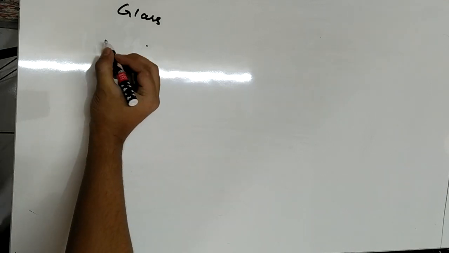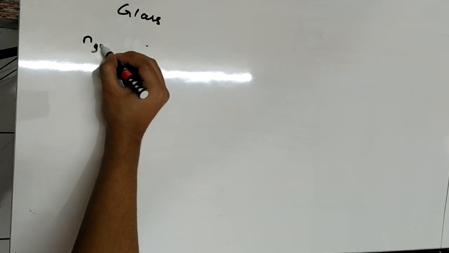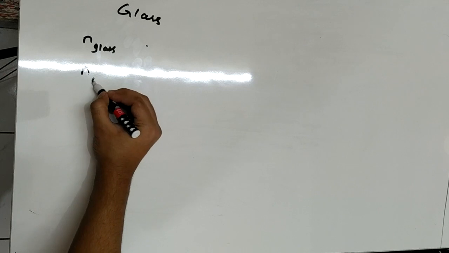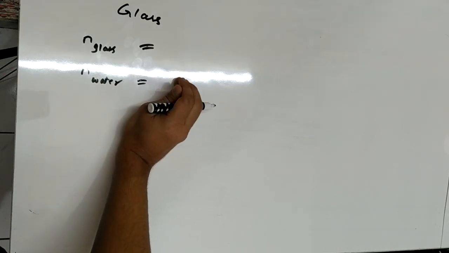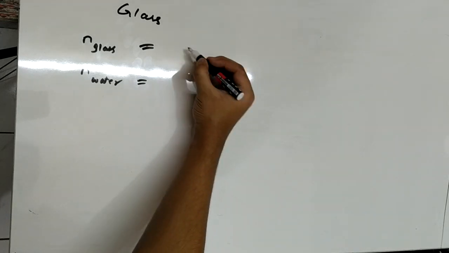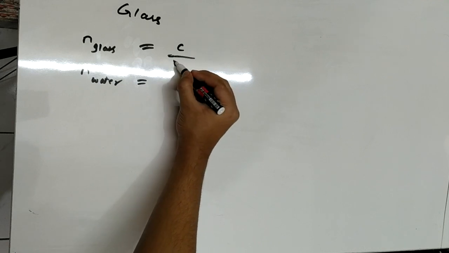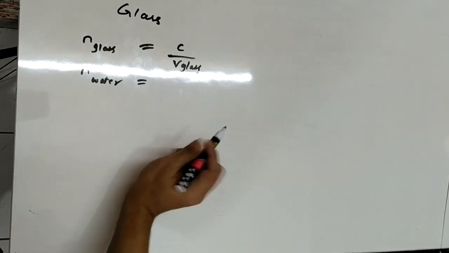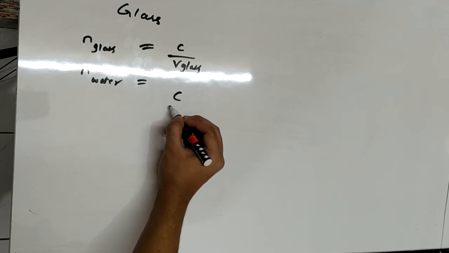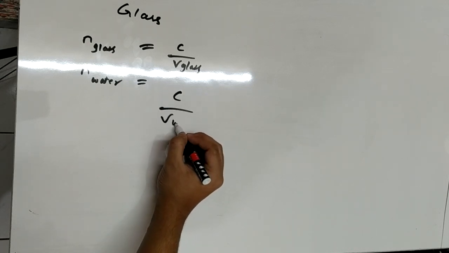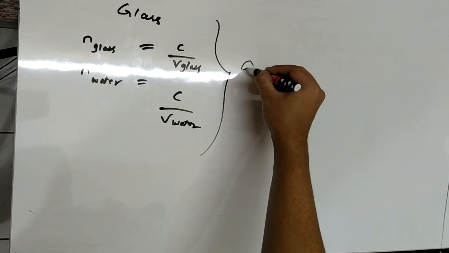If it is not mentioned with respect to what, and it is just mentioned n glass or n water, then it is assumed to be the absolute refractive index, and it is given by velocity of light in air divided by velocity of light in glass. Similarly, this is velocity of light in air divided by velocity of light in water. This is called the absolute refractive index.